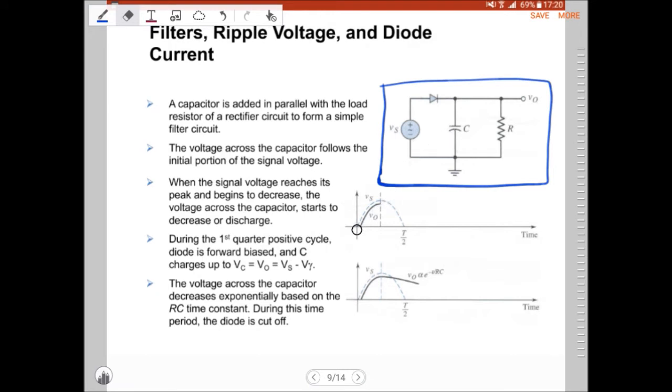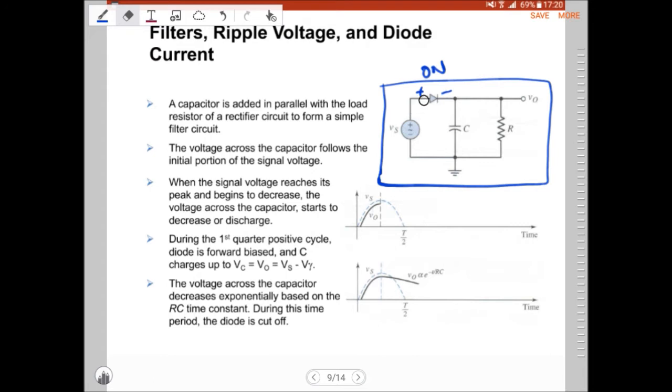Starting as the input voltage increases positive, this is the positive cycle. There will be a positive voltage over here, P connected to positive and N connected to negative, which means the diode is in forward bias. So the diode will be turned on.